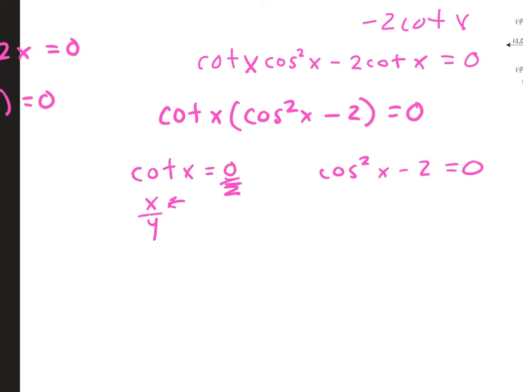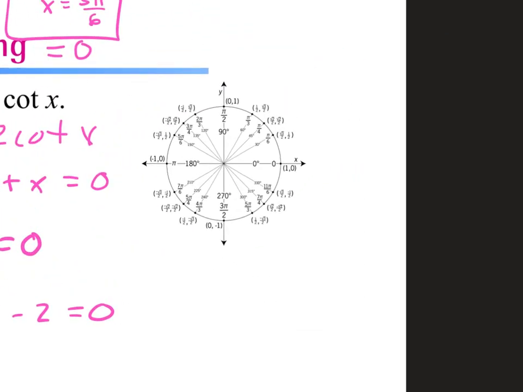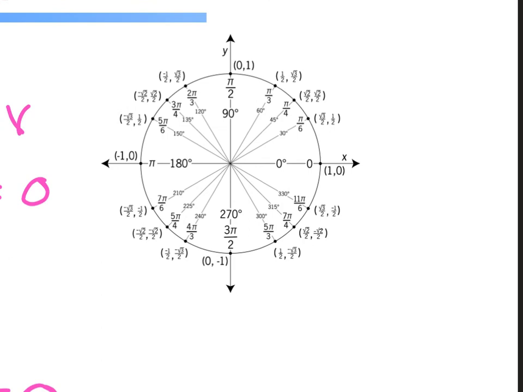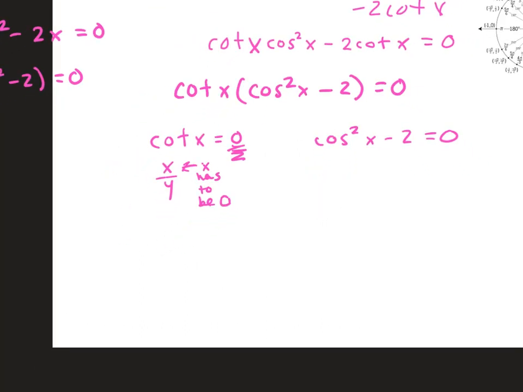The x has to be 0 because if 0 is in the numerator, on top of the fraction, the whole thing's 0. So x has to be 0. So let's go to our unit circle. Where is x 0? Pi over 2, and where else? 3 pi over 2. So we have x is equal to pi over 2, and x is equal to 3 pi over 2.